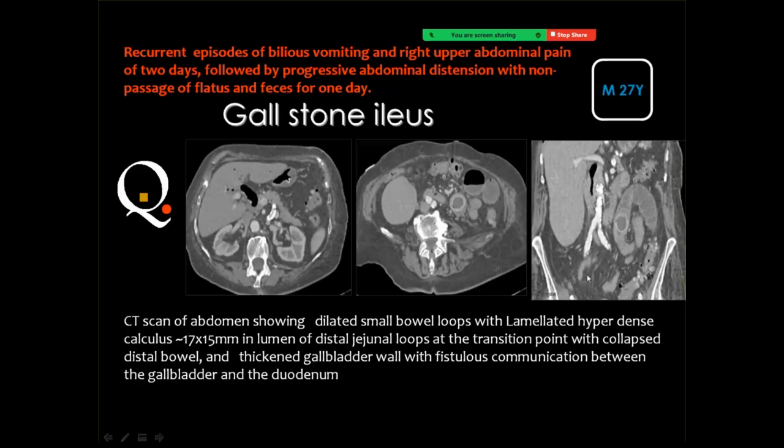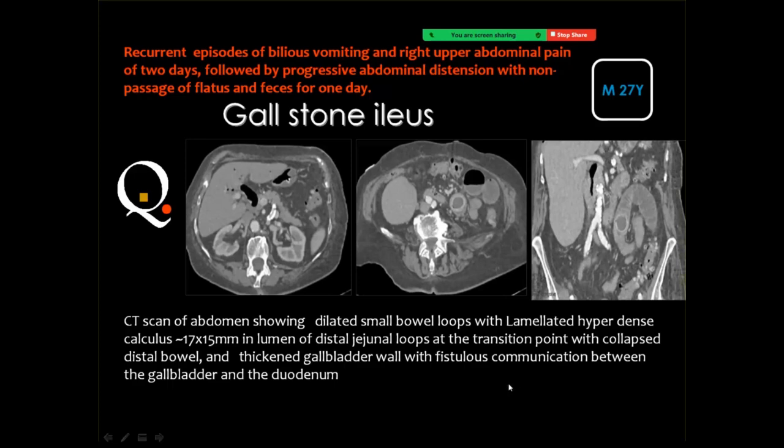Gallstone ileus is diagnosed by the regular triad, that you got some air in the biliary system and you got a radio-opaque stone in the ileum, most likely, and you got proximal to the stone some bowel obstructive changes with air fluid level, as you can see here.